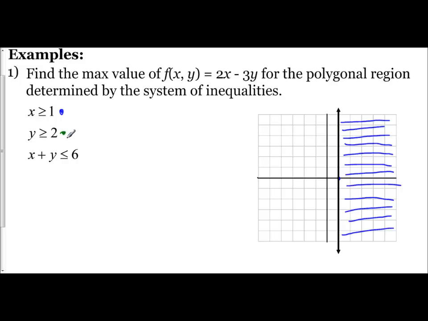Then let's do y is greater than or equal to 2, and I'll use green for this one. That means it's a horizontal line through 2 on the y-axis. It's solid because it's greater than or equal to. I want to shade towards all of my greater values, which would be above the line.